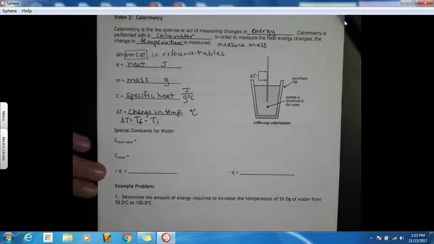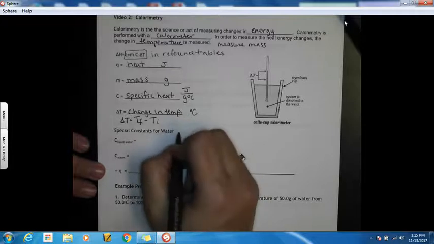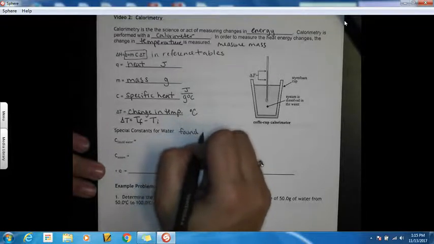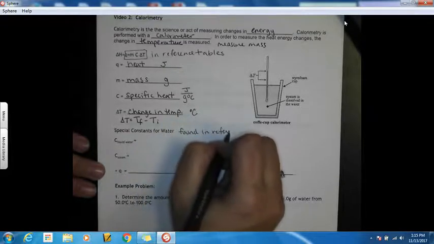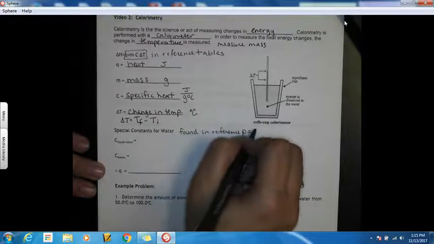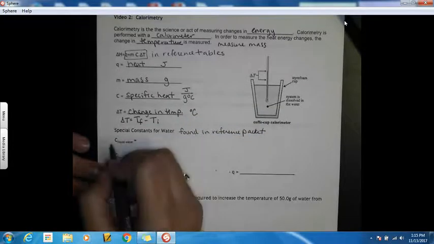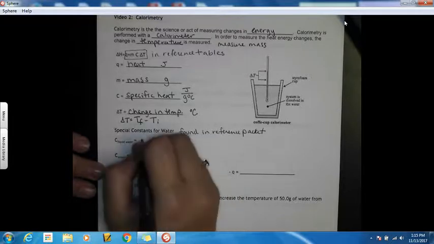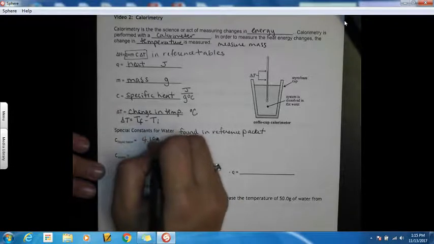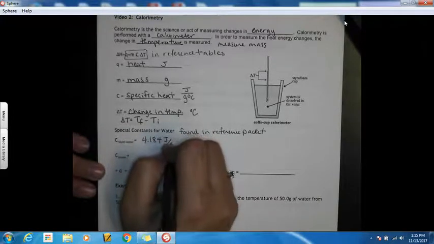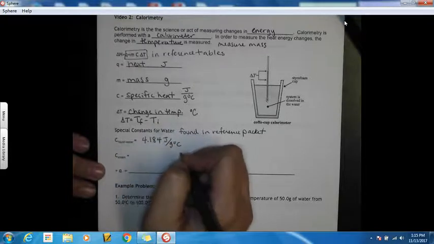So we have some special constants for water. Again, these are found in your reference packet. The specific heat for liquid water is 4.184 joules per gram degree Celsius.